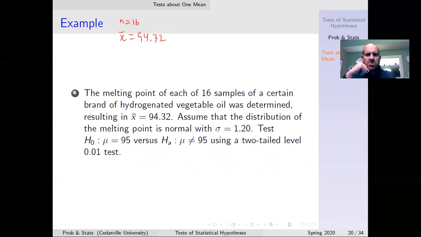Assume that the distribution of the melting point is normal with sigma equal to 1.2. So what does that mean sigma of x bar is? Well, that's sigma over the square root of n, which is 1.2 divided by 4, which is 0.3. I don't even need a calculator for that.